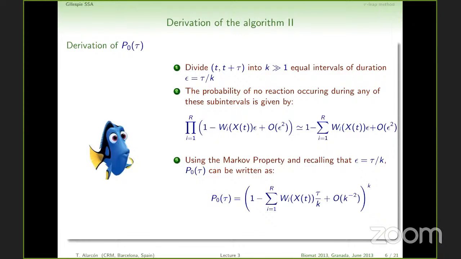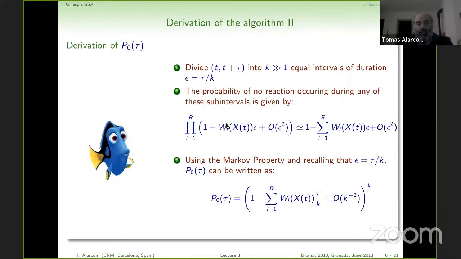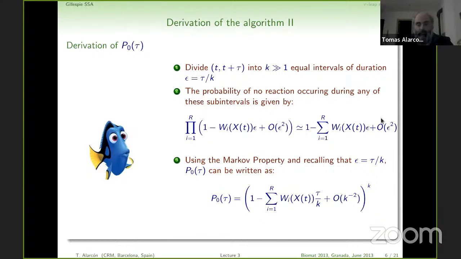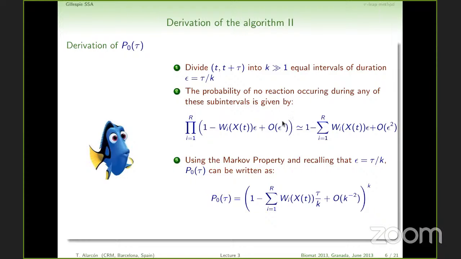Sorry, I have a question. I didn't understand exactly the term of higher order, epsilon squared. Yes, well, let's imagine that we have a parenthesis here.